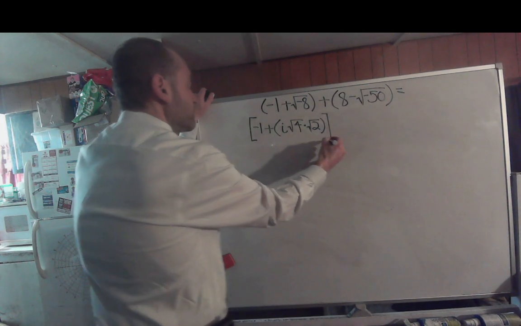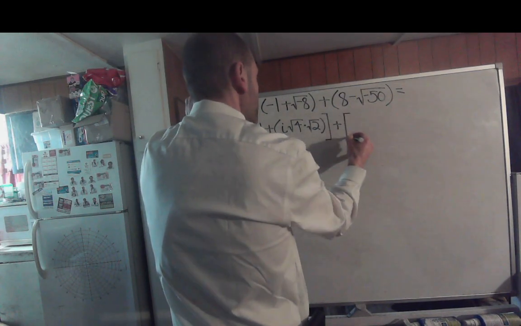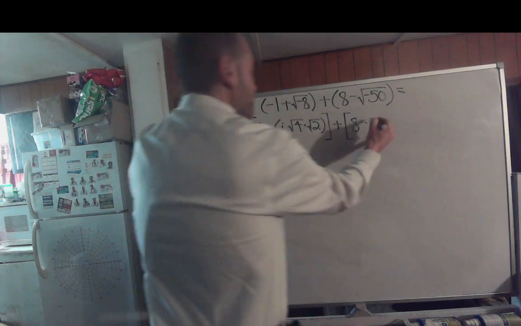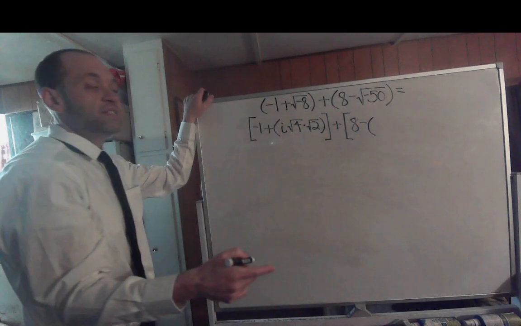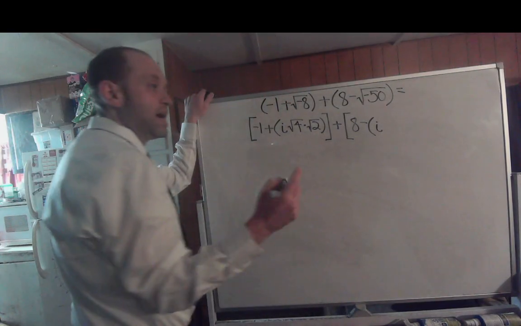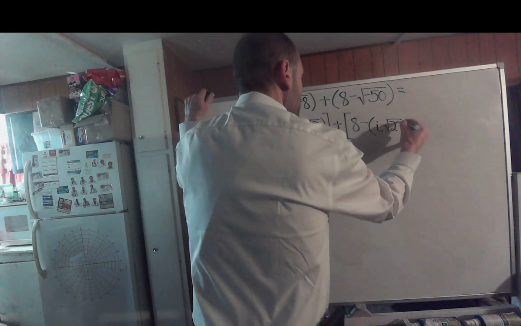Alright, so there's your first quantity broken down. Plus, now let's deal with your second quantity. So you'll have 8 minus, in parentheses, the square root of negative 50 is definitely i times the square root of 50, which will break down into i times the square root of 25 times the square root of 2.